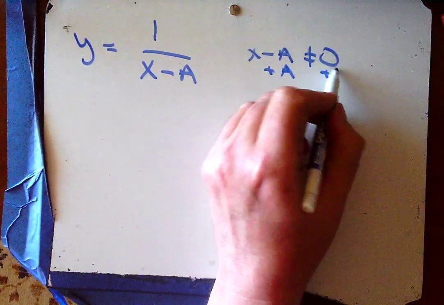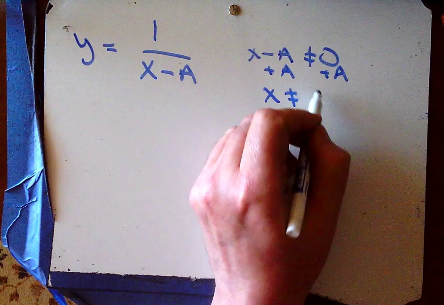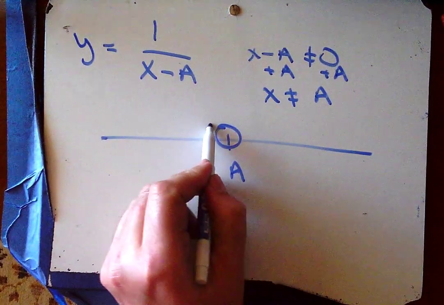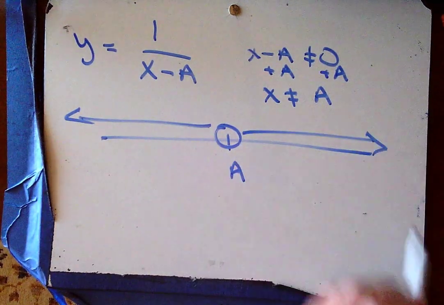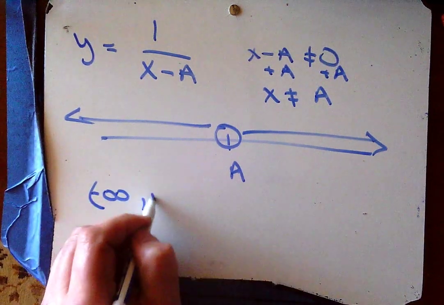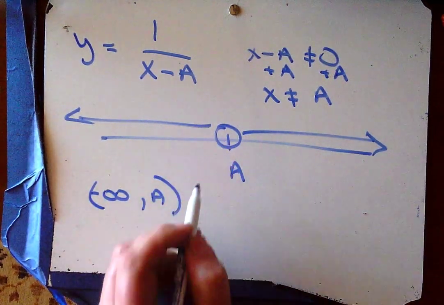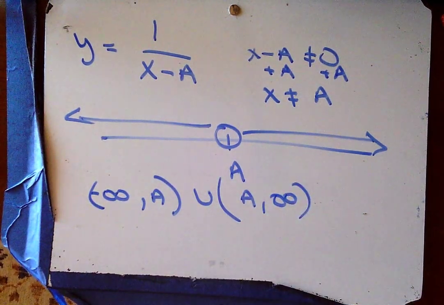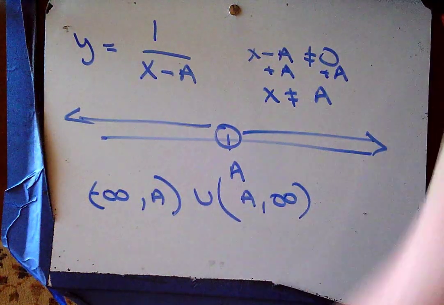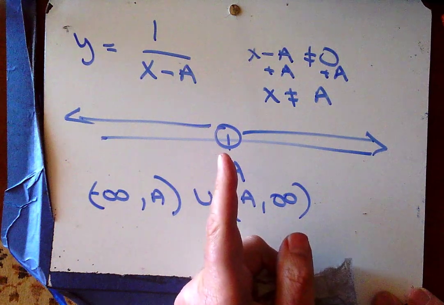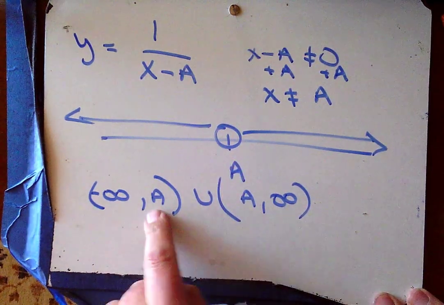And when we add a to both sides, we get x can't equal a. On a number line, there's a, can't equal it, can be these, can be these. So my domain will be negative infinity to a, parenthesis because we're not including it, union a to infinity. See, that wasn't so bad. Don't freak out because there's an a present in the problem, but don't make up a number because this shouldn't have numbers in it.